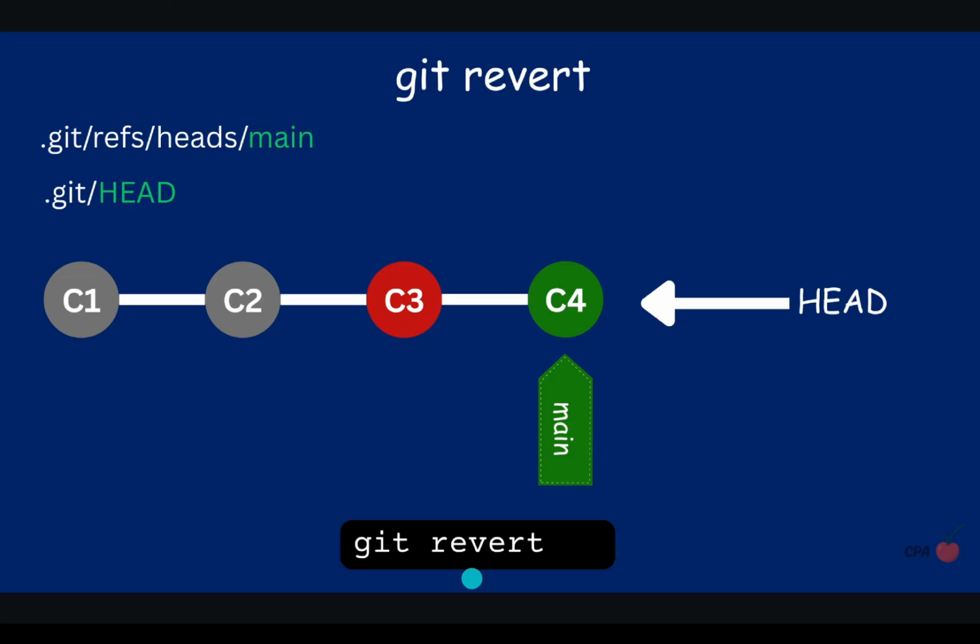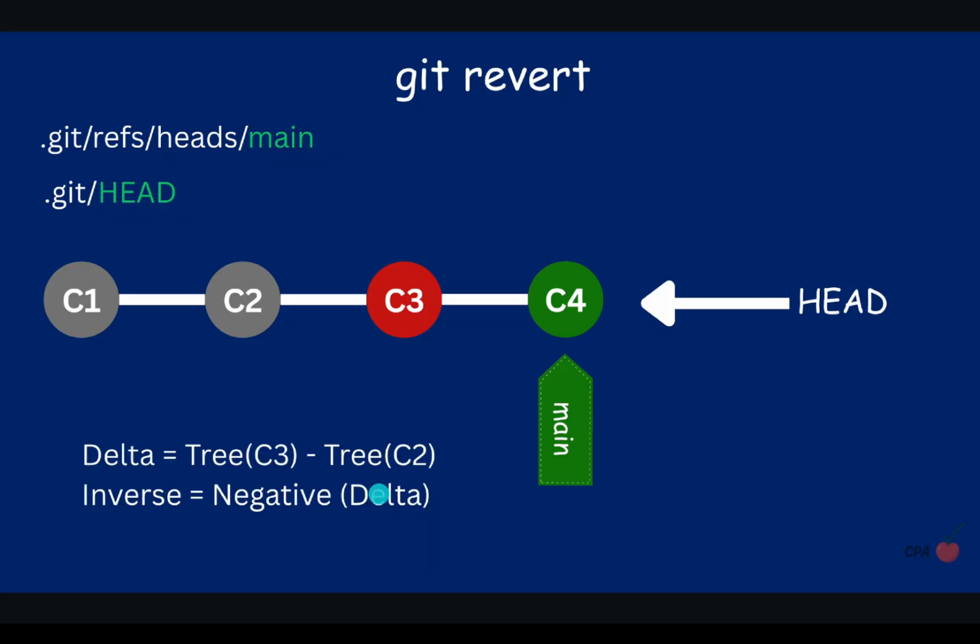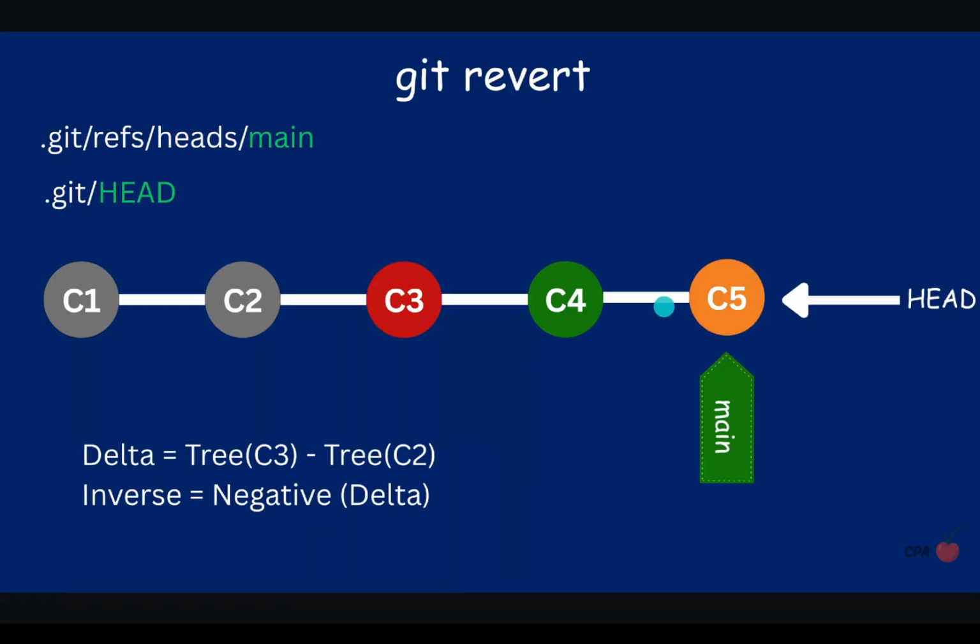So we will type git revert c3, and then Git will calculate the difference between commit 3 and commit 2, so all the changes that commit 3 introduced, and then it will calculate the negative of this change, the opposite of that change, and it will create a new commit that has the opposite of C3. The end result will be that our bug will be fixed. Note that with git revert, the history stays the same. We accept that we had a mistake in the commit, but we fix the mistake with a new commit.